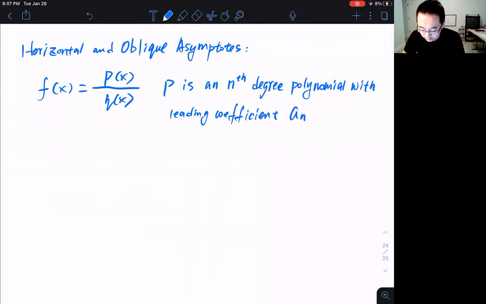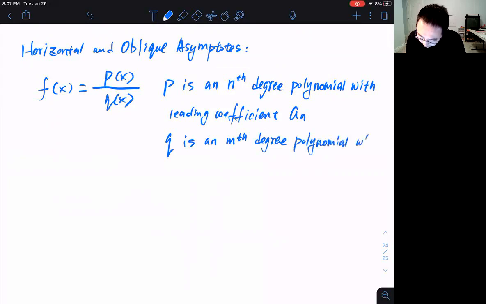We talked about this just a few minutes ago. And then let's say q is an mth degree polynomial with leading coefficient b of m.